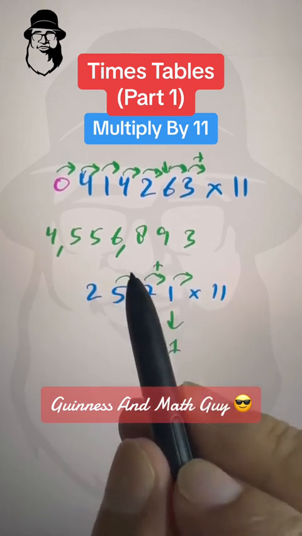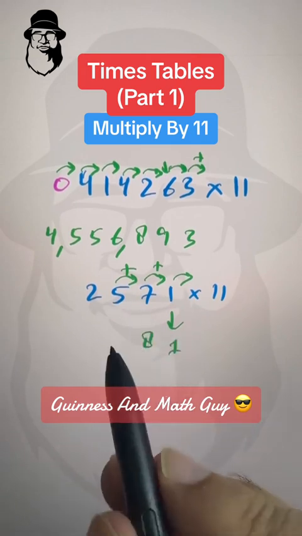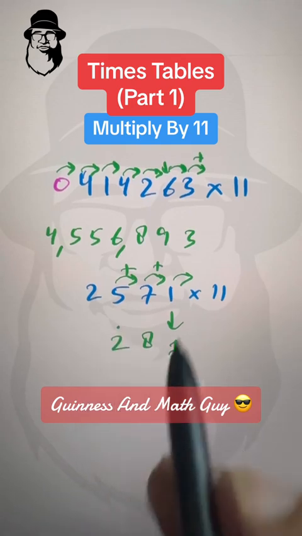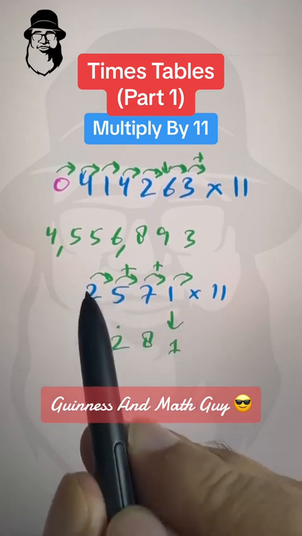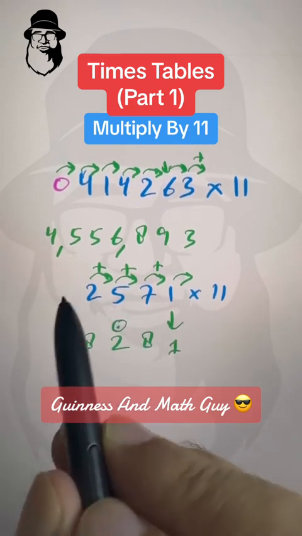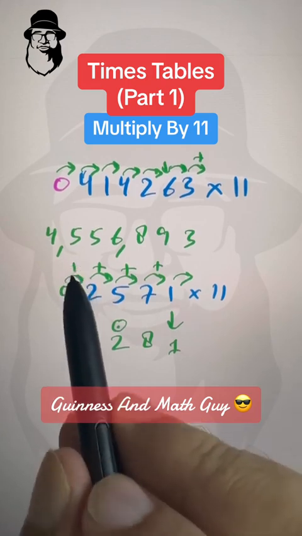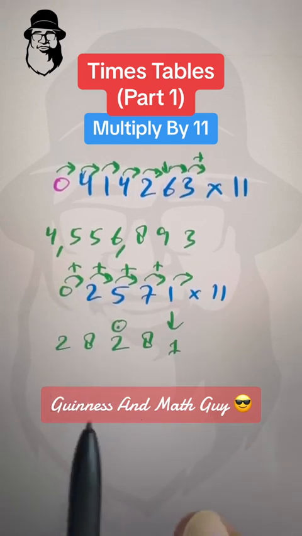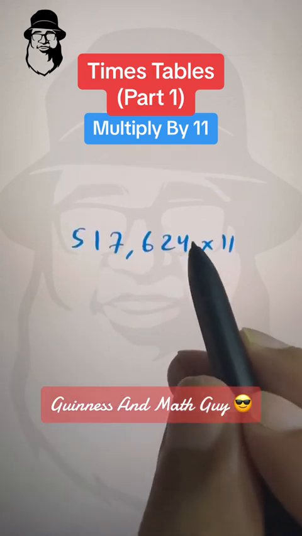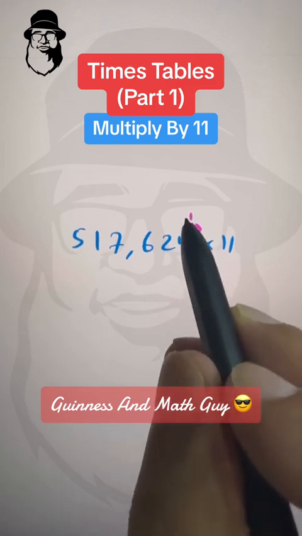But when we do 5 plus 7, it's 12. So we put only 2 and put a dot here, that's it. Then we move on. 2 plus 5 is 7, plus this dot is 8. And there is 0 here in our mind. 0 plus 2 is 2. And that's our answer, 28281.